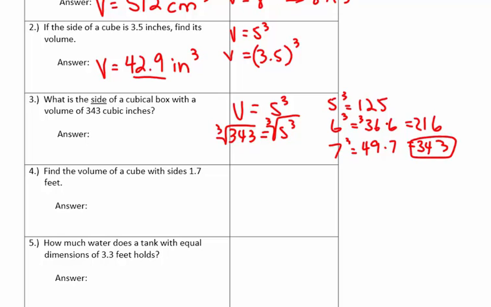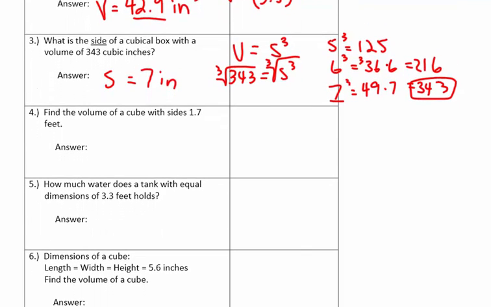So I found it, so one side equals 7 inches. So the easiest way until you get to a little higher math would be guessing and checking almost, what number would work.